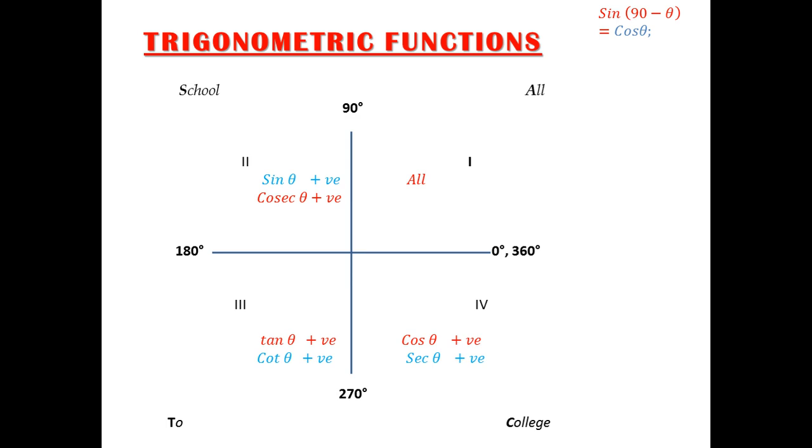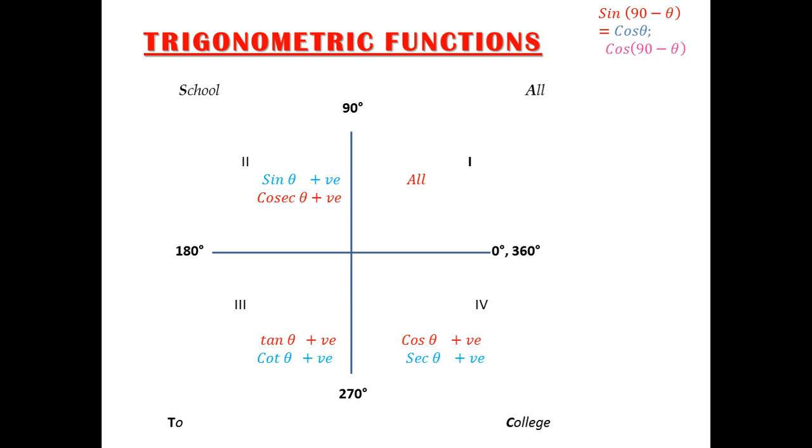Let us take another example. Cos 90 minus theta. 90 minus theta means first quadrant. At 90 we have to change. Yes. Nod your head. Yes. We have to change.